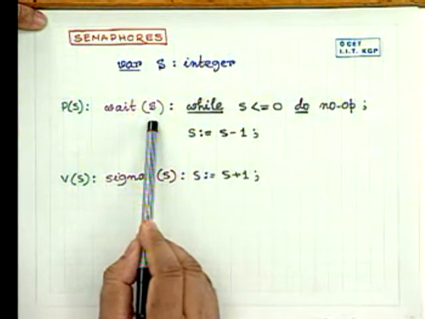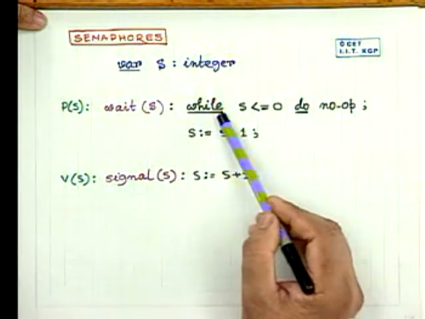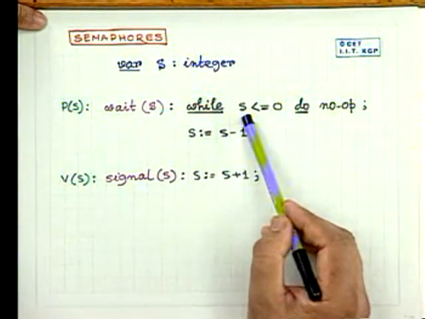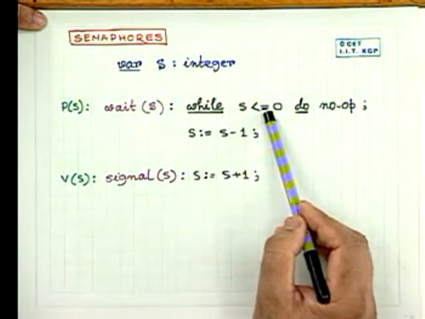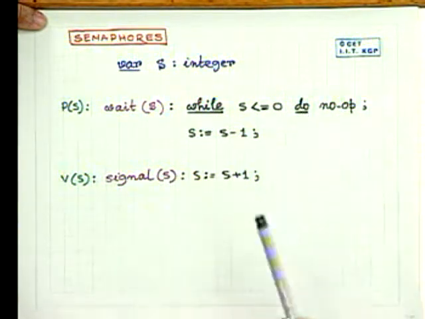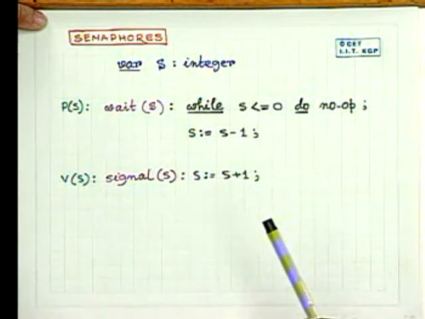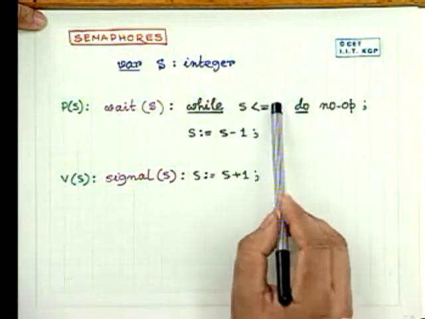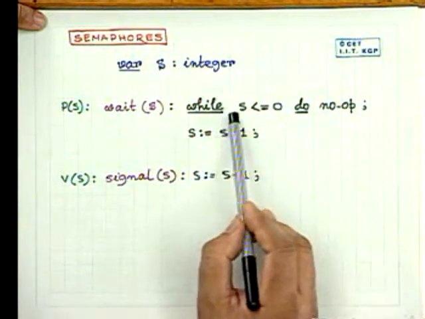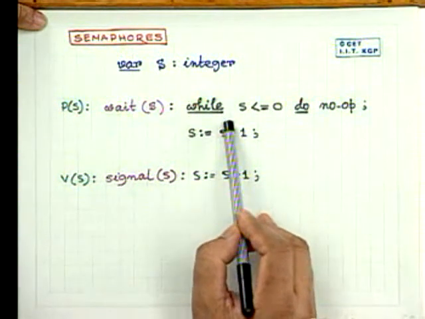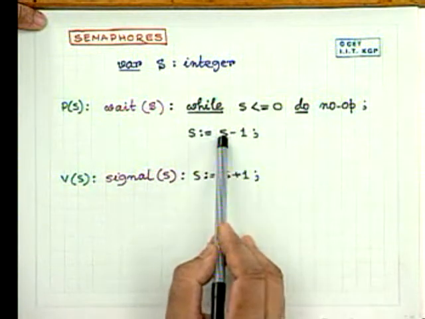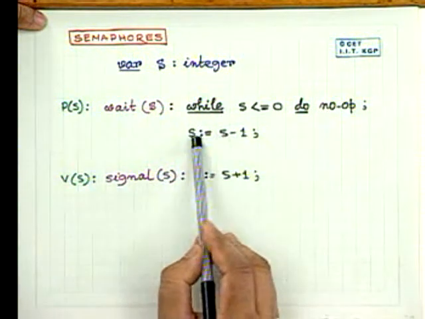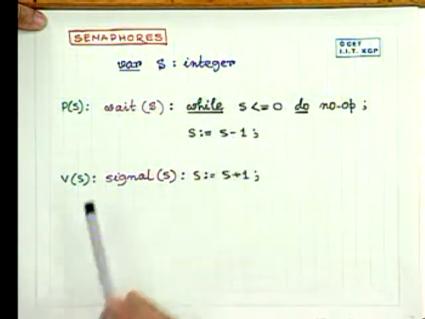That wait(S) says that while S is less than or equal to 0, do no operation. And if S is greater than 0, then naturally it comes out of the while loop and decrements S, that means S is assigned S minus 1.